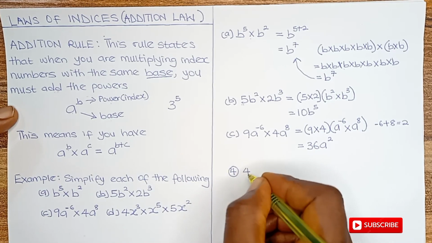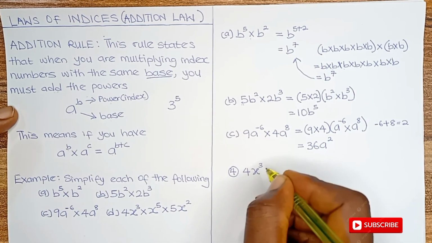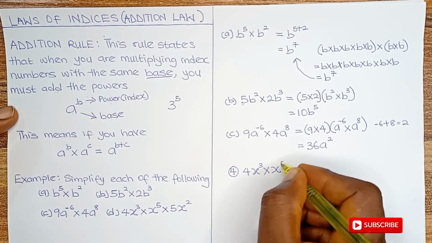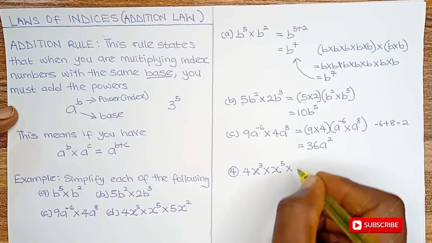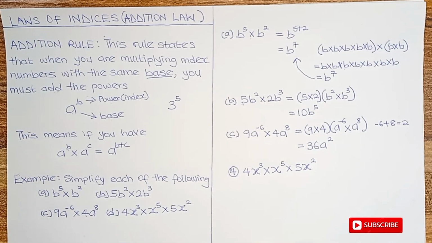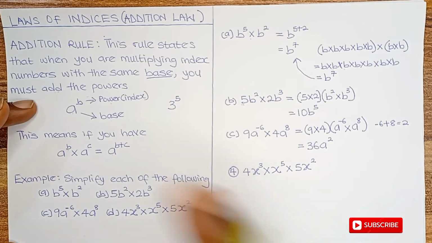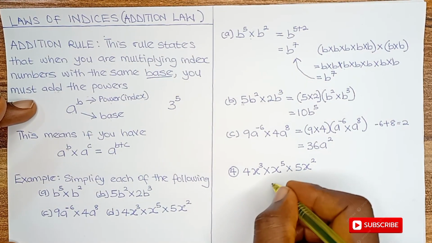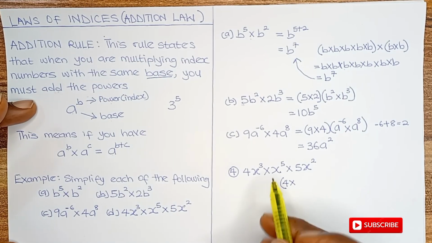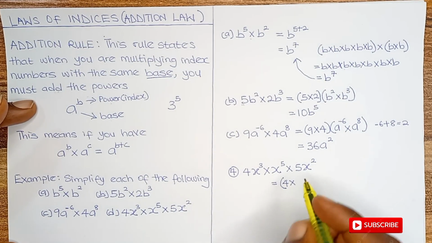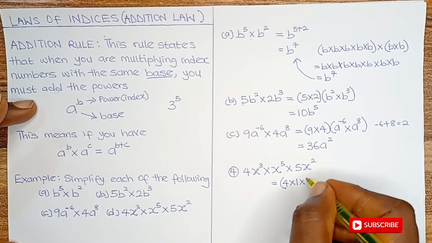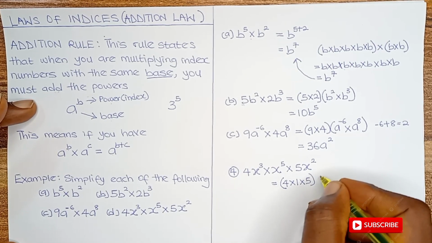Let's look at the fourth example, number 4. We have 4x to the power of 3 multiplied by x to the power of 5 multiplied by 5x to the power of 2. Just as we have been doing, we bring all the numbers together. 4 multiplied by, the number here is an invisible 1, multiplied by 5.